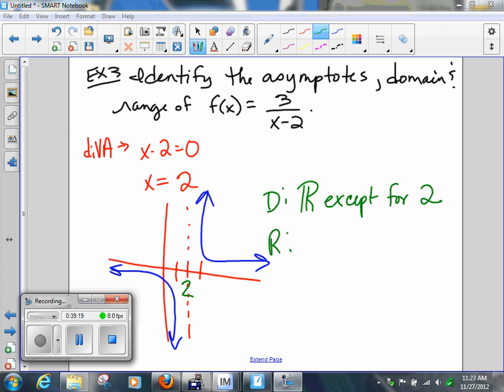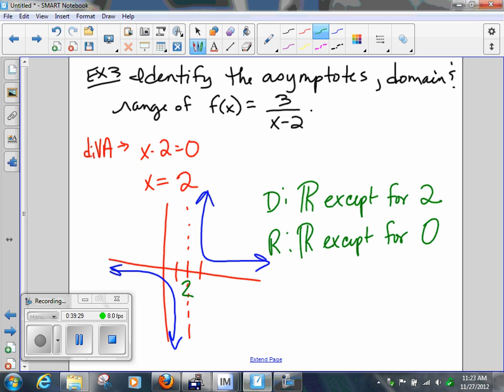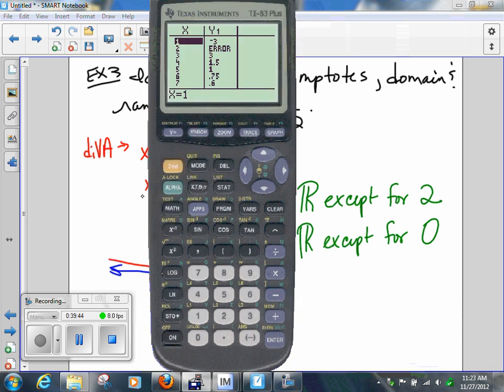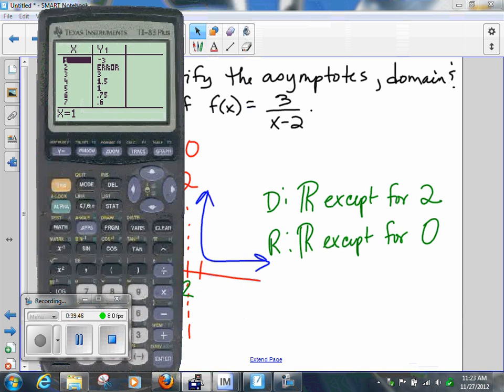Okay. Good. Ta-da! What's your range? All reals except for? And how could I double check it? Go to the table and check. Second graph. All right, 2, that's my y value, which is clearly the asymptote.